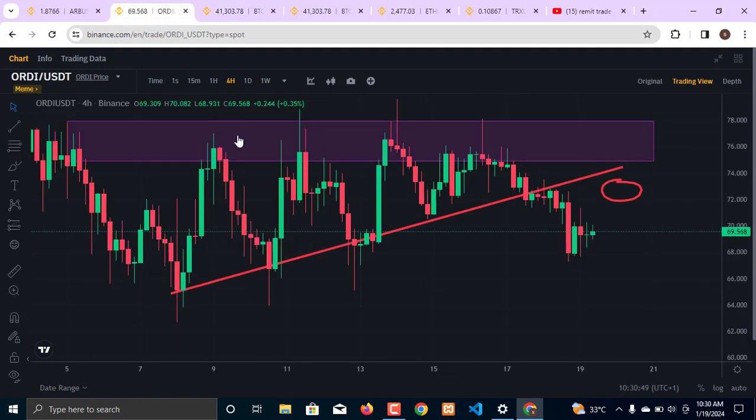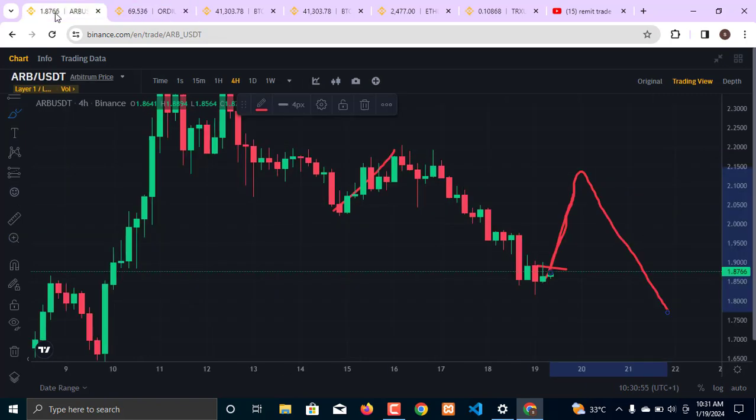And right now on the other chart, the market is going to retrace a little bit for continuation, look for a short opportunity. And right now on the ARBUSDT, the market is going to retrace as well, so look for a short opportunity on this very chart, but wait for this retracement to come in, and then shorting the market will be the nice thing to do afterward. So this is what you must pay attention to right now on these various charts.